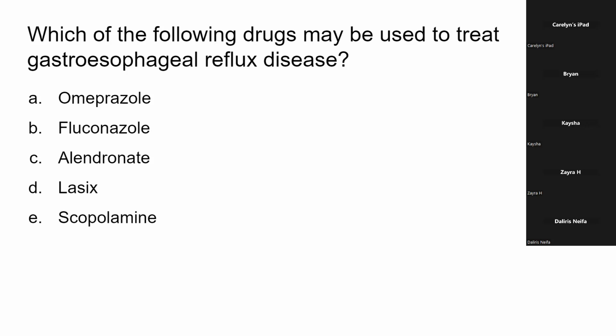What are we looking for? We're looking for our prazols, not our azole antifungals, right? They don't have athlete's foot, they got reflux. So what are we giving them? We give them Prilosec, omeprazole. So A, omeprazole for GERD, or gastroesophageal reflux disease.